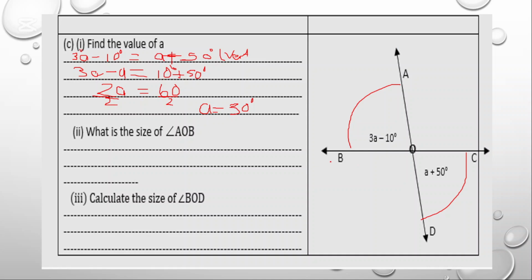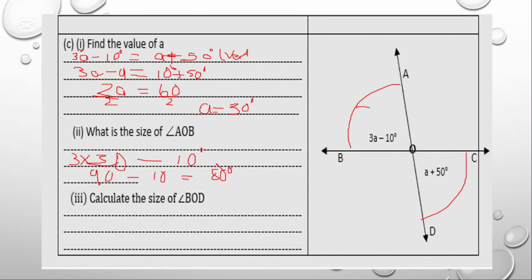AOB is equal to 3 times 30. Right? 3A means 3 times A. And once you have that answer, you must subtract the 10. So 3 times 30 will give us 90. And 90 minus 10 is equal to 80 degrees. Right, 80 degrees.